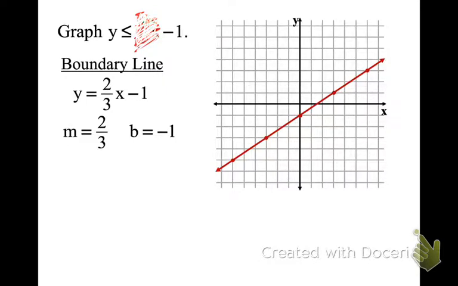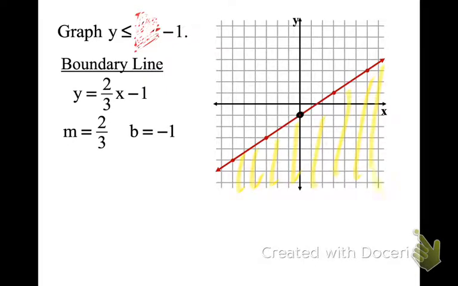Okay, and now read it. What does it say? Y is less than or equal to -1. So go on your y-axis. From this point, where are the less than numbers on the y-axis, above or below that point? Below. And so that becomes the area that gets shaded.